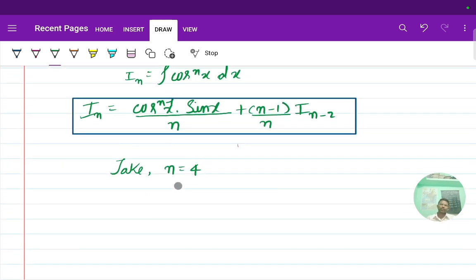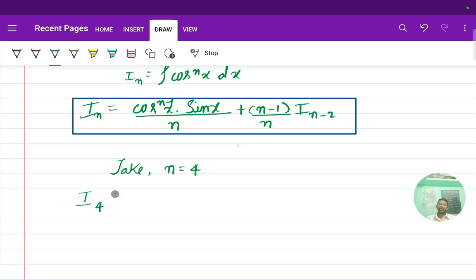N is equals to 4. Now let us substitute the value of n in the reduction formula for integration cos power nx dx.